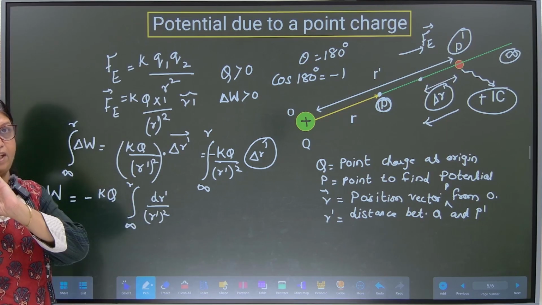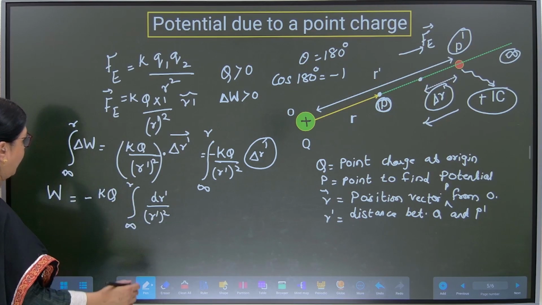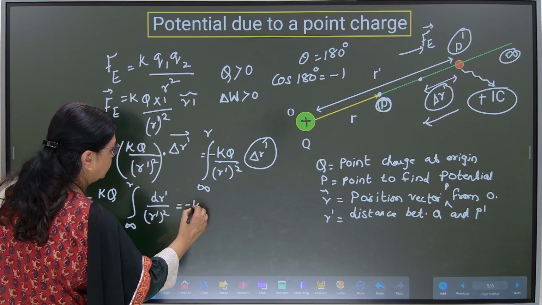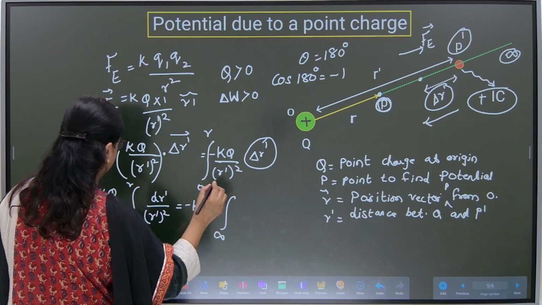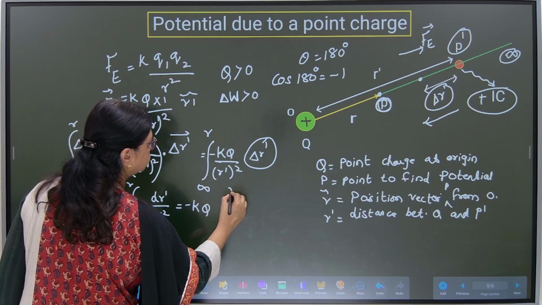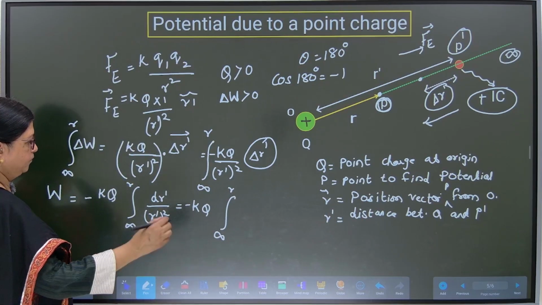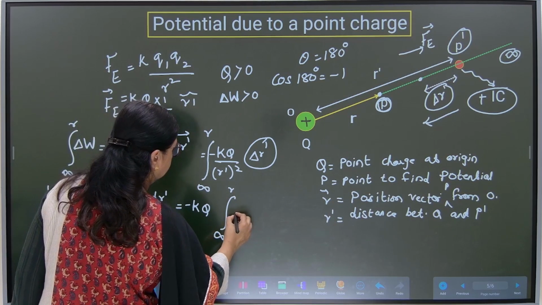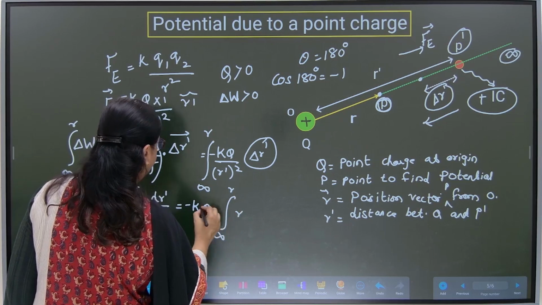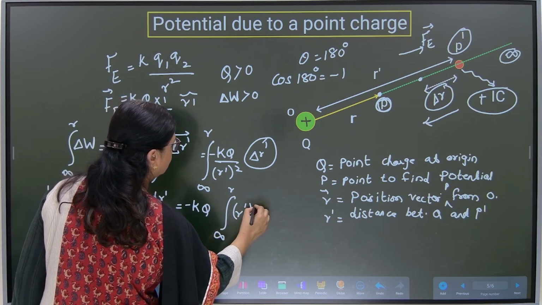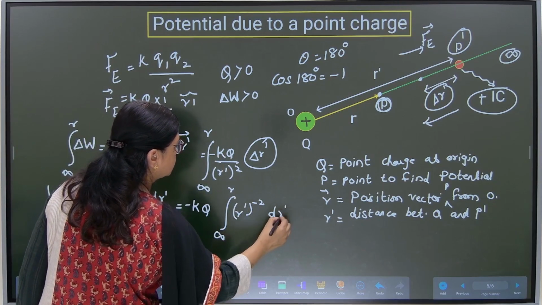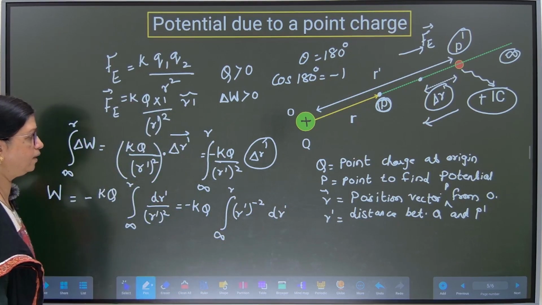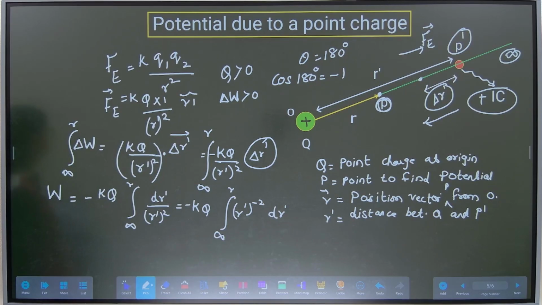You have to search for the variable. So if the variable is R dash, then I write negative KQ integration from infinity to R, R dash raised to minus 2, dR dash. This is my integration ready. Now I only have to integrate it, and my work will be done.